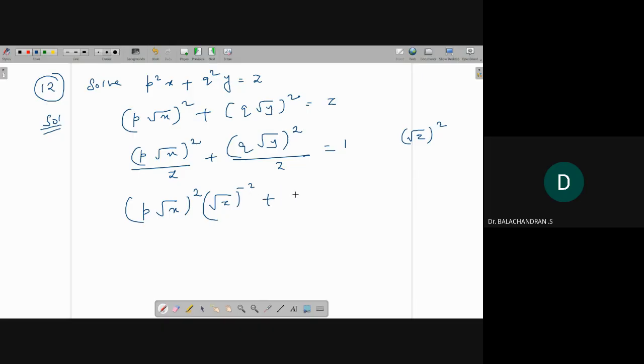Plus q root y whole square into root z whole power minus 2 is equal to 1.